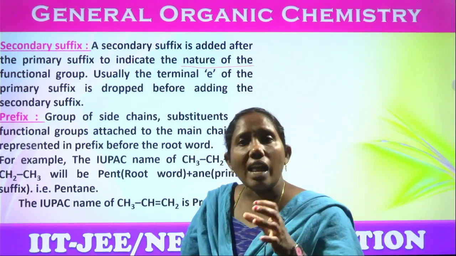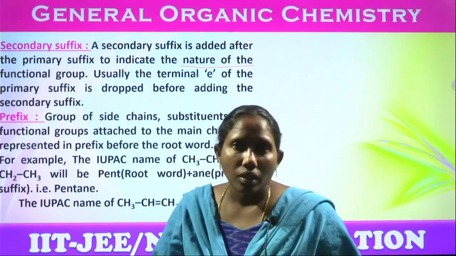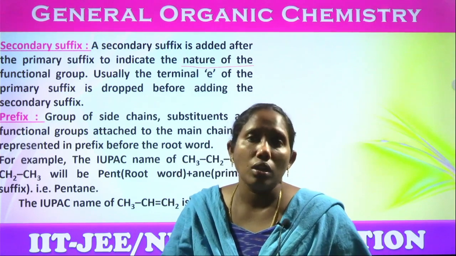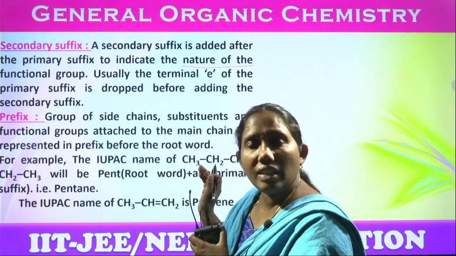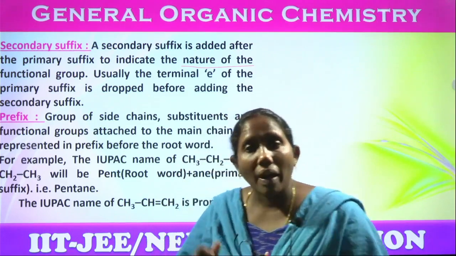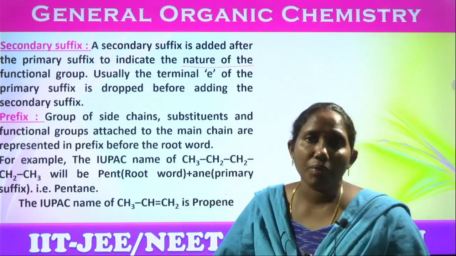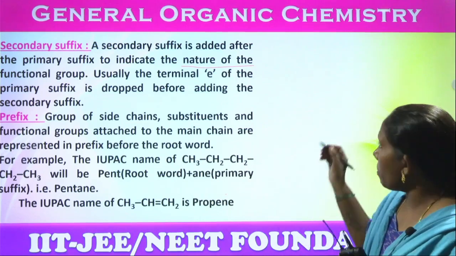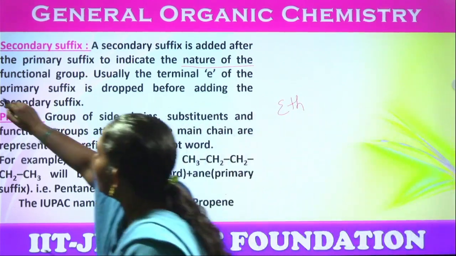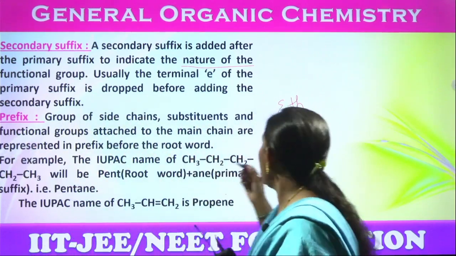If suppose alcohol is present, the alcohol suffix is ol. So we will write this secondary suffix after the primary suffix by dropping the e from the primary suffix. Suppose root word and primary suffix together are, think, like ethane.